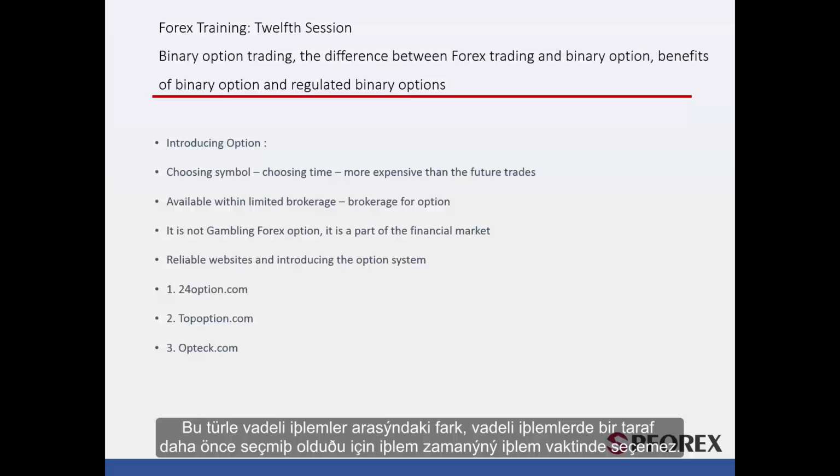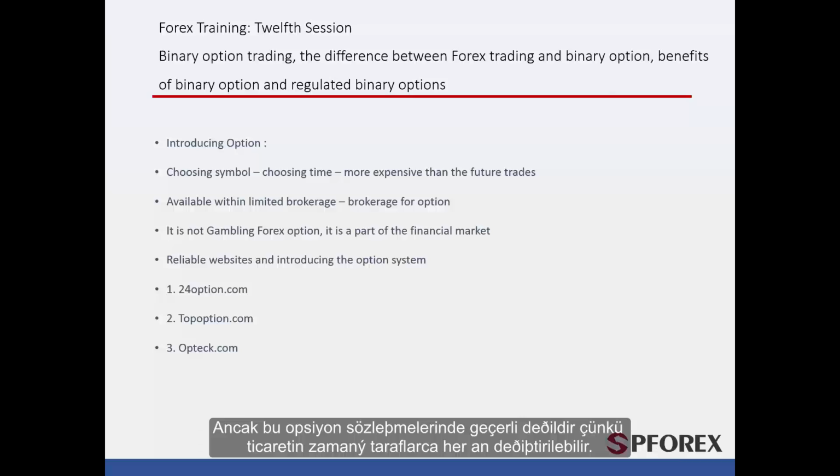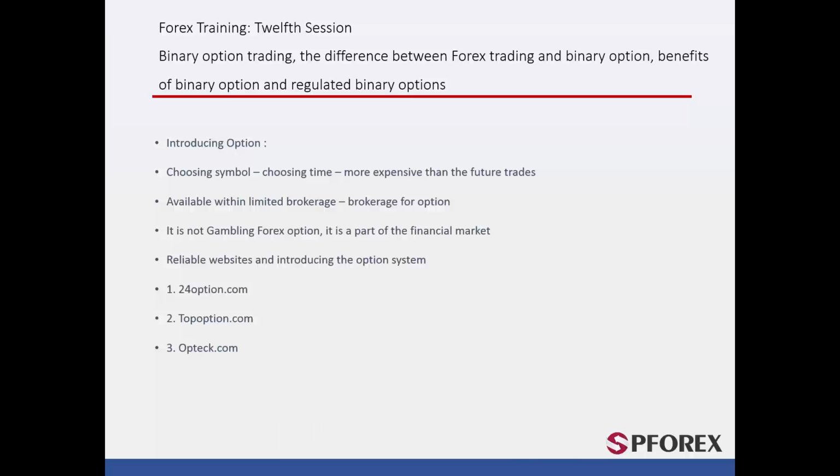The difference between this type and future trades is that in future trades, a party cannot choose the time of the trade as they have already been chosen before. However, this is not an issue in option contracts, as time of trade can be changed at any moment by the parties. Hence why, if you remember, this type is more expensive than future contracts.